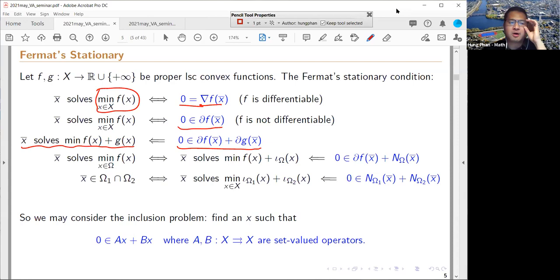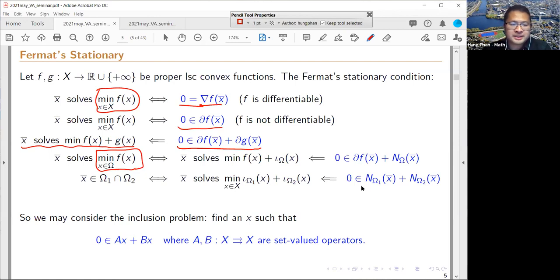Another problem, almost as important as the one we just talked about, is the minimization of a function over a domain omega, and omega here is a closed convex set for simplicity. Of course, we can always generalize omega to be just a closed set, where we would have the local minimization necessary condition and so on. But over here, I simplify things and keep it as minimal as possible.